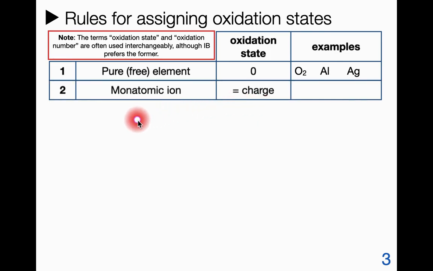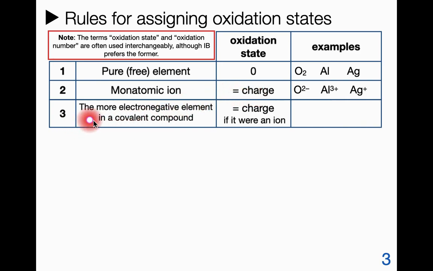Rule 2, a monatomic ion will have the oxidation state equal to its charge. So for these 3, the oxide ion would have the oxidation state of -2, the aluminum would have an oxidation state of +3, and silver +1.